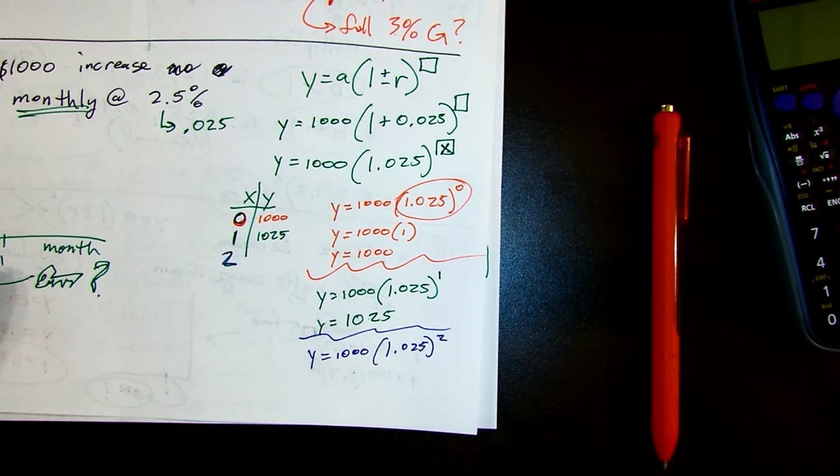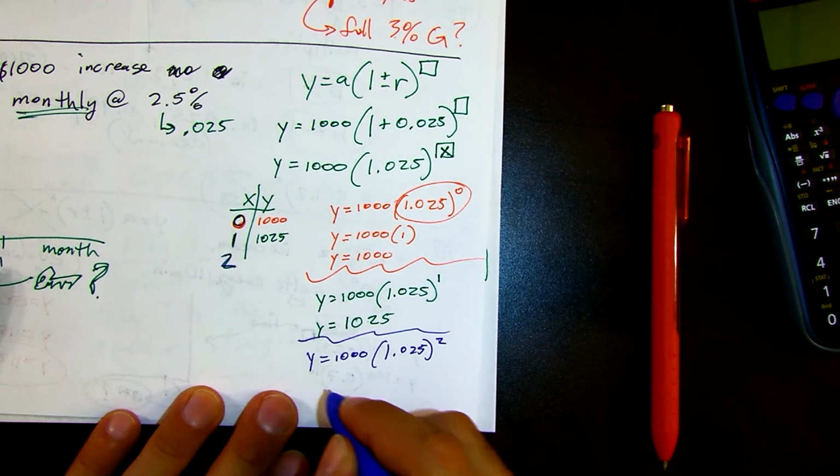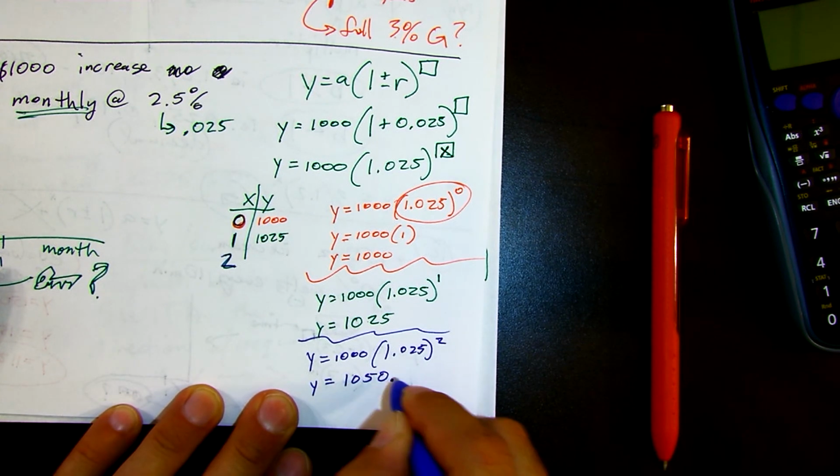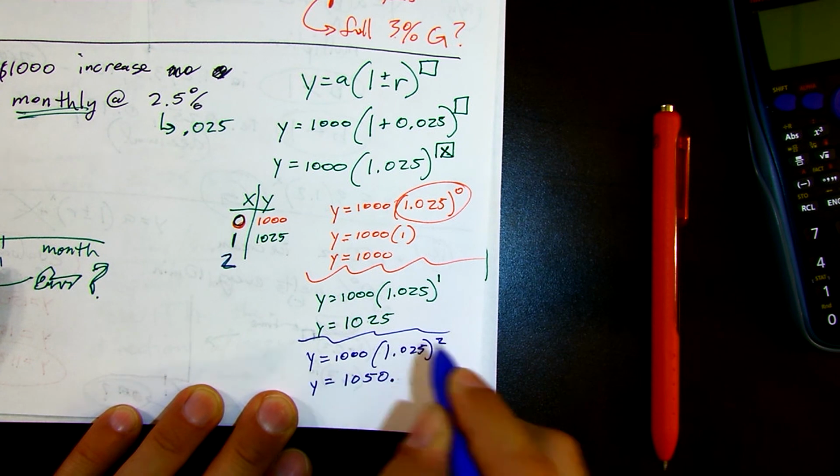So let's do the last one in blue. Y is equal to 1,000 times 1.025 to the second power. So let's make sure we all get this.